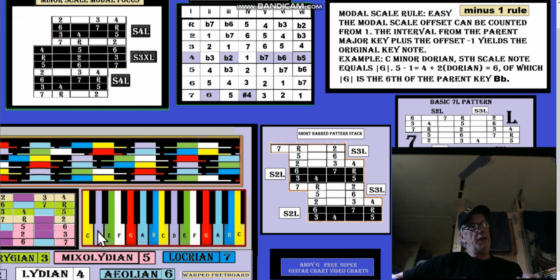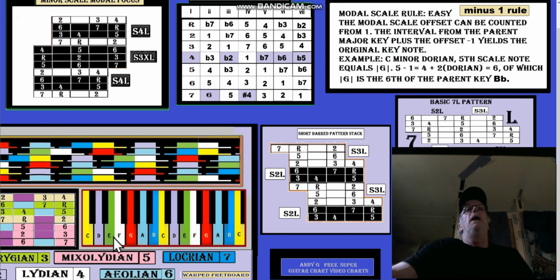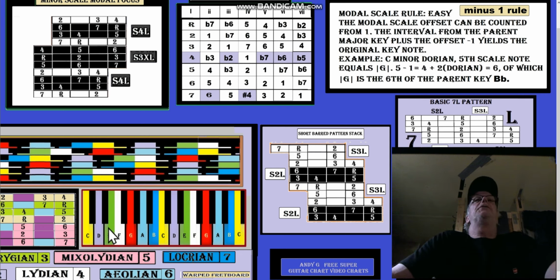So if you have a minor going to a dominant, it outlines the key there. You know that if E minor goes to D dominant, there's only one dominant seventh.